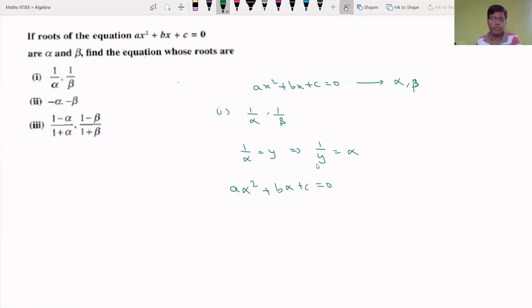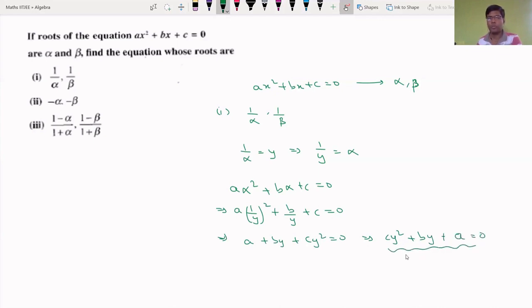Now instead of alpha, if I put 1 by y, I will get a by y square plus b by y plus c is equal to 0. If I simplify this, this will be a plus by plus cy square. The highest order term first, then I'll get cy square plus by plus a is equal to 0.